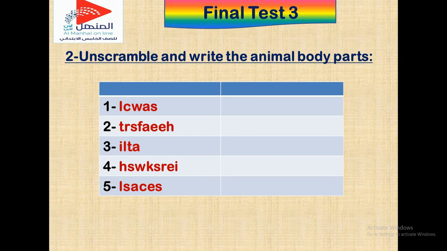All right, my dear friends, coming back to you. Let's figure out the correct answer. What do you think the first word would be? It's a body part. Let me help you. We had it before in the previous one. Think well and put the letters together. Rearrange the letters to make the correct one.